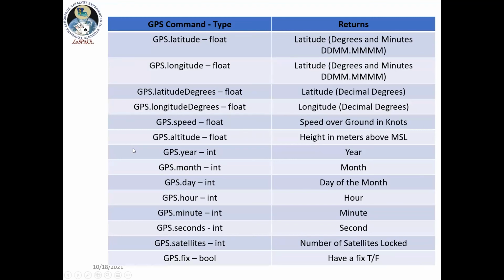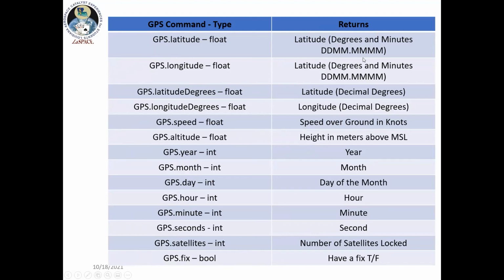So this is a useful table. These are not all of the internal variables that you can use, but these are the most common ones. One thing I would point out is there are actually two different latitudes and longitudes, because there are a couple of common formats.